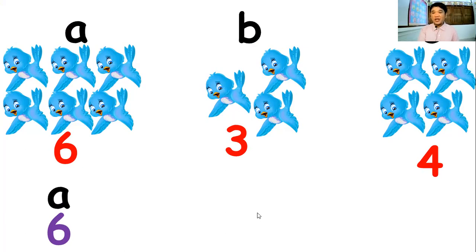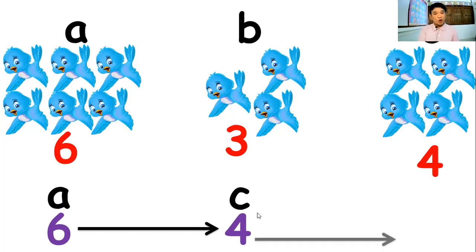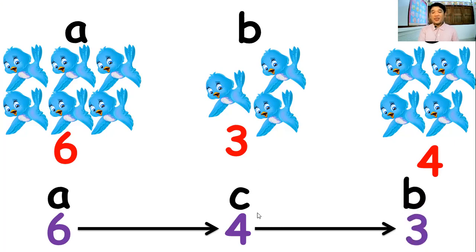And after letter A, what is the next? It's letter C, very good, because in letter C, there are 4 birds. And the smallest number is letter B, it's 3. So 6 is the greatest, 3 is the smallest. Very good.